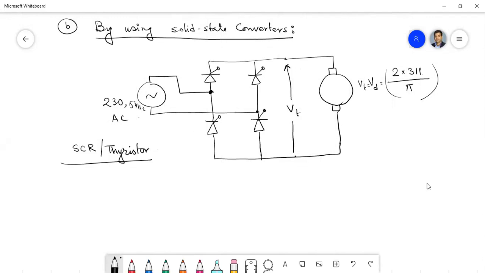So this is the control rectifier which I have drawn here. By this type of control rectifier, we can get a variable DC voltage. Now we will have some voltage into, suppose, cos alpha. And this alpha you can vary. By varying this alpha, we can vary the VT. So that is the difference between a diode bridge rectifier and an SCR bridge rectifier.